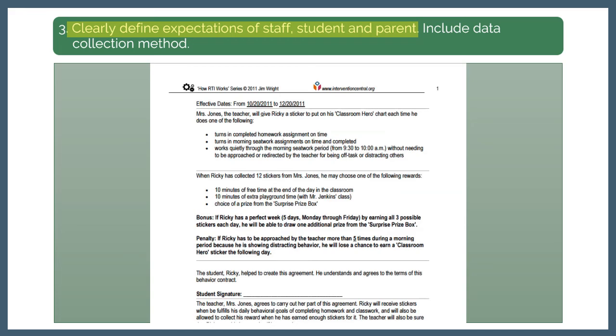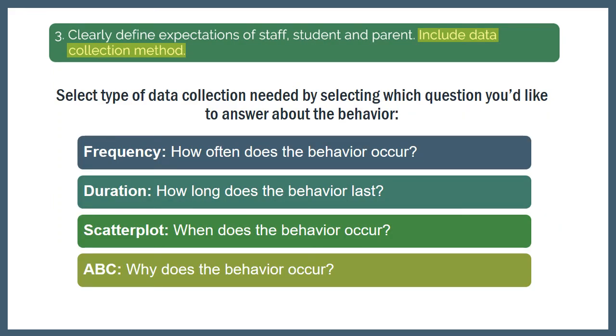of a staff member. As mentioned previously, it's important that staff determine which data collection method will be utilized for monitoring the behavior contract. In order to determine this, first consider what behavior led to the development of the contract in the first place. This will assist the team in selecting the method of data collection from the list below.